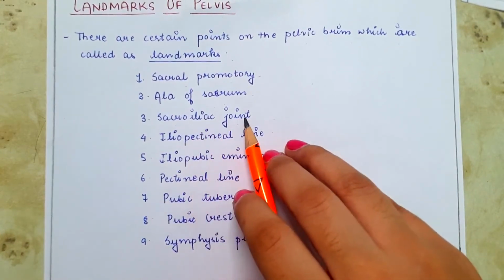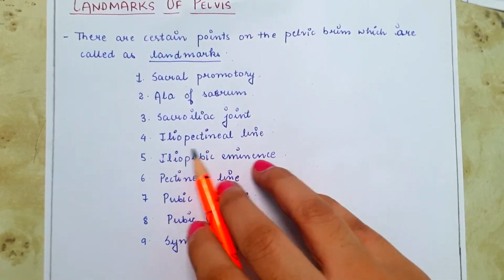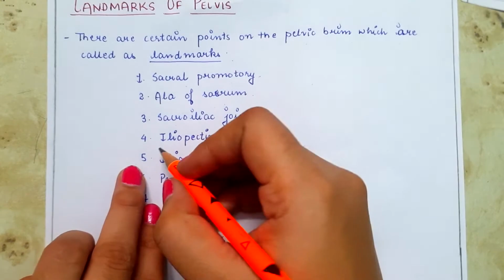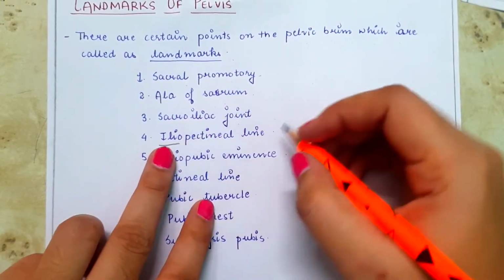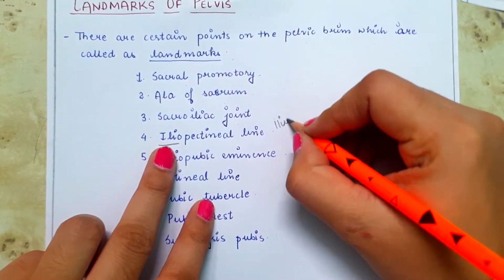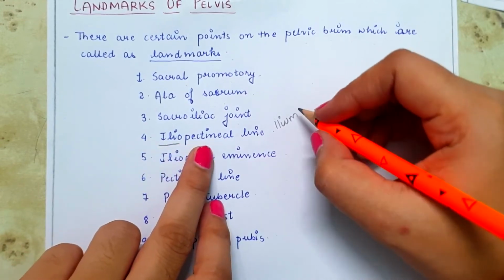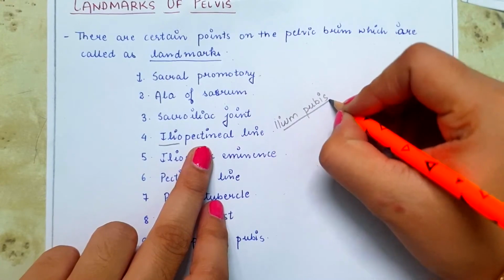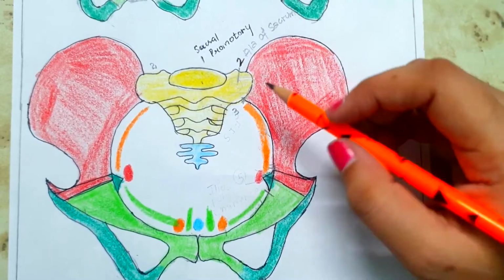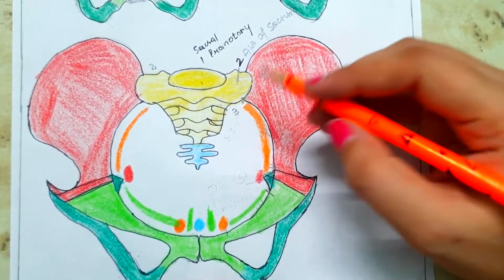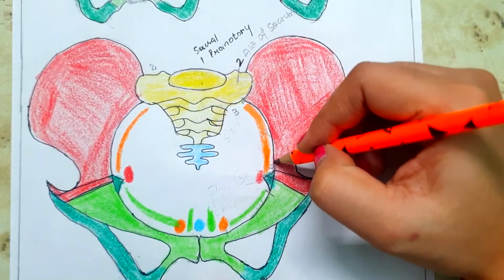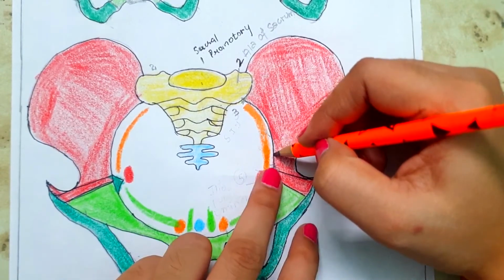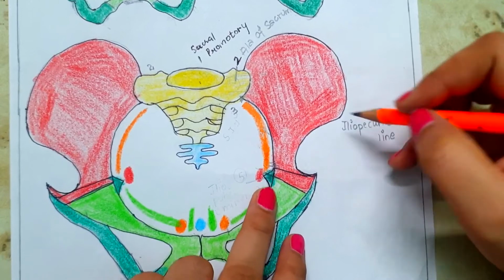After the sacroiliac joint, the next landmark is the iliopectineal line. The word ilio indicates the ilium bone, while the word pectineal indicates the pubis.